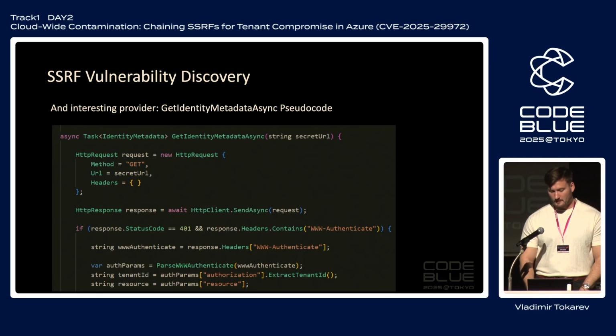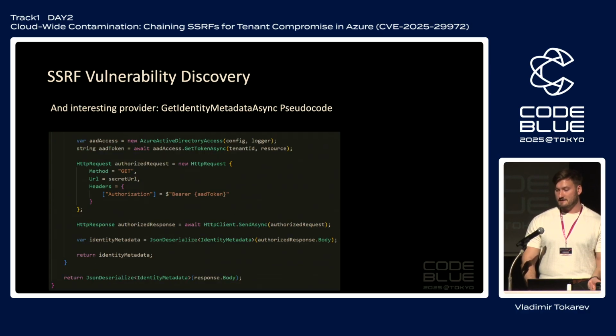Now, let's talk a little bit about how this information is retrieved from this URL. First, we'll send a GET request to this URL. And then if the answer is 401 and the answer contains a specific header called WWW-Authenticate, the authorization and the resource will be extracted from that header.